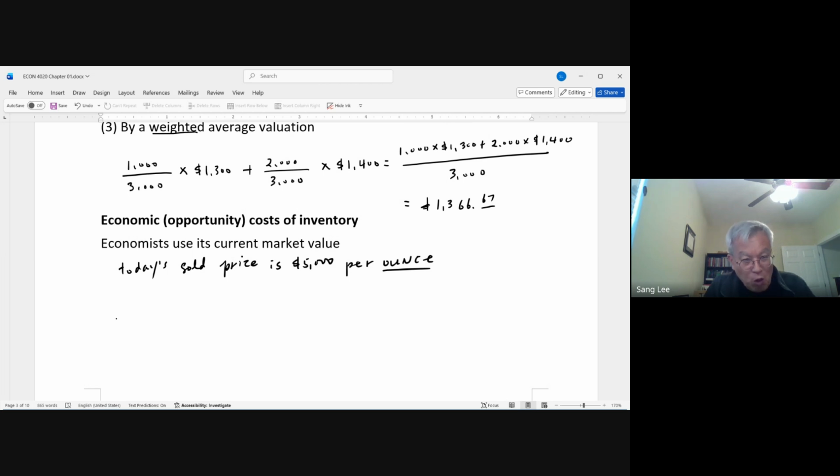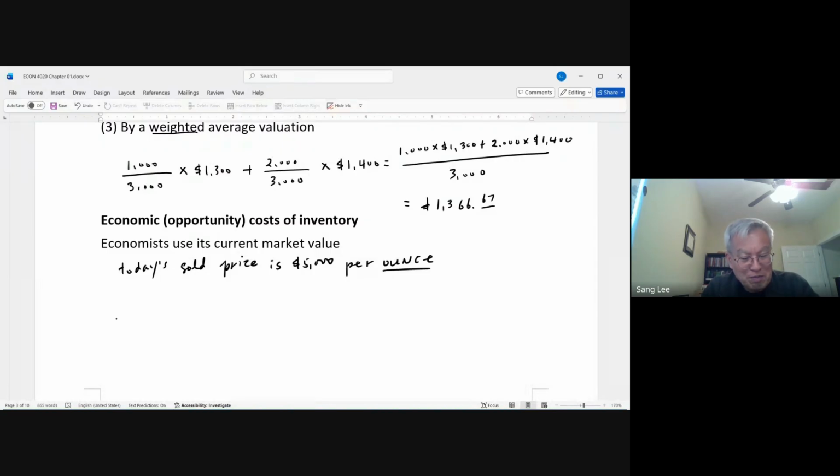So you have no gold right now. But to run your business, you have to buy gold again so you can make rings and necklaces and sell them. So to restock your gold inventory, what price do you have to pay?